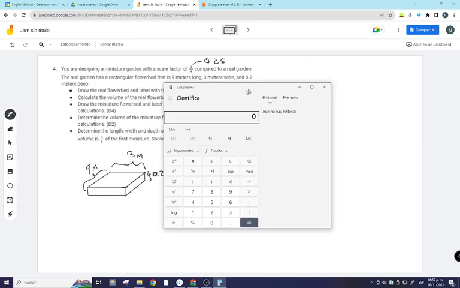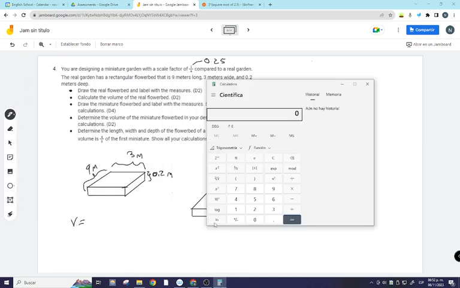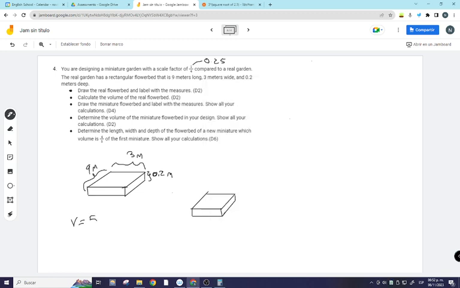So the volume is going to be, give me a second, 9 times 3 times 0.2, 5.4 cubic meters. That's the volume of the first one.